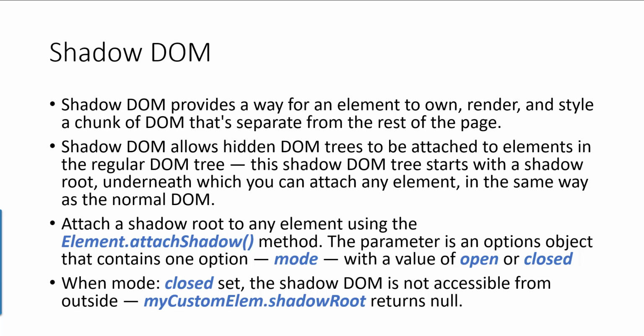So if you use the custom element dot shadow root, it will simply return null. So if you want to make changes inside your custom element, then you have to make your shadow DOM mode open.